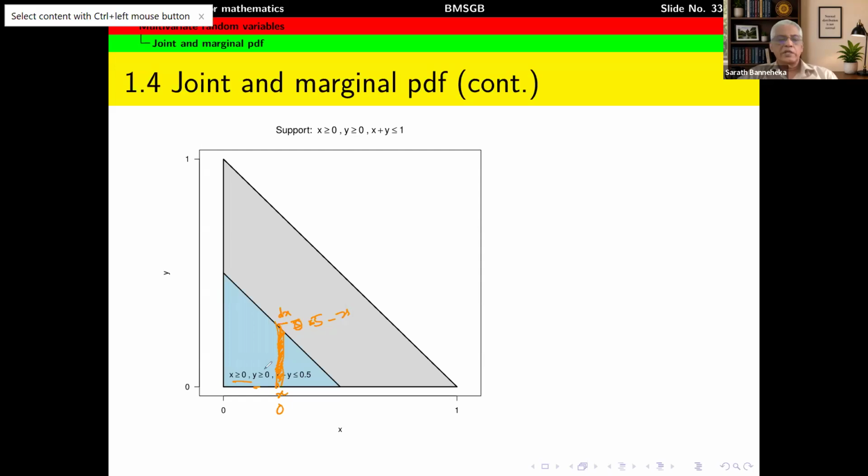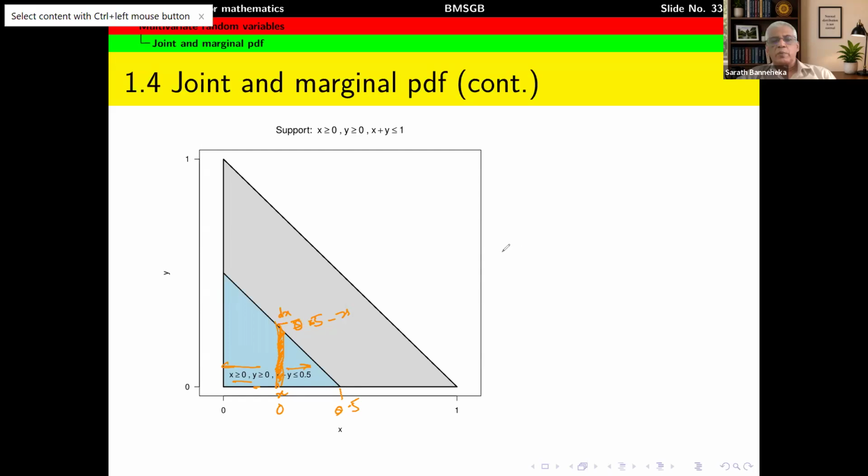Then to get the whole integration over this whole region, I'll have to move my x from 0 to 0.5. This value is 0.5 here, right? So then the second integration will go with respect to x from 0 to 0.5.